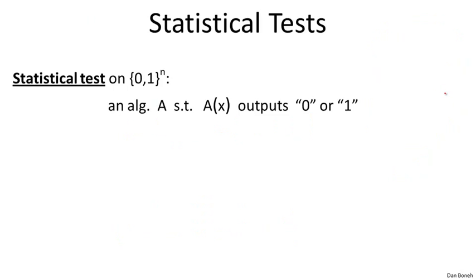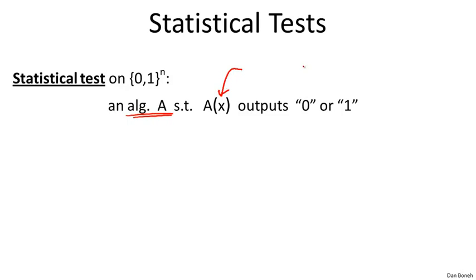So to understand how to define this concept of indistinguishability from random, we need the concept of a statistical test. So let me define what a statistical test on {0,1}^n is. I'm going to denote these statistical tests by the letter A. A statistical test is an algorithm that takes as input an n-bit string and simply outputs 0 or 1.